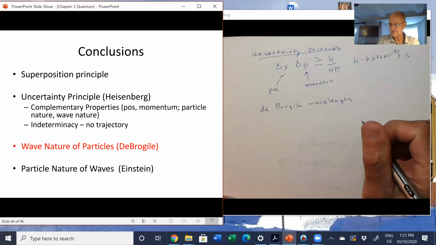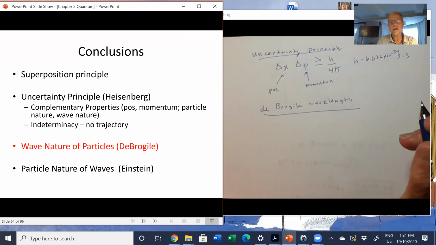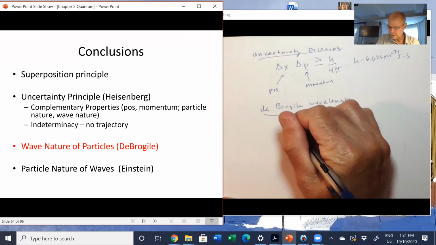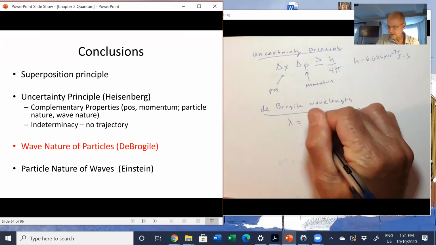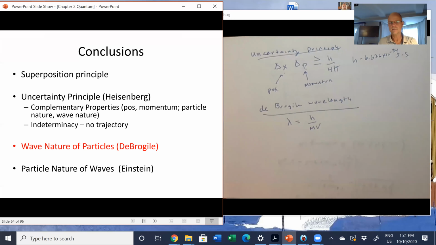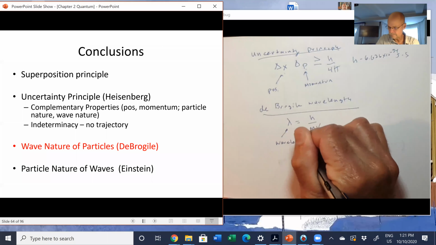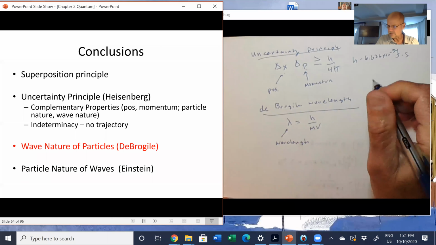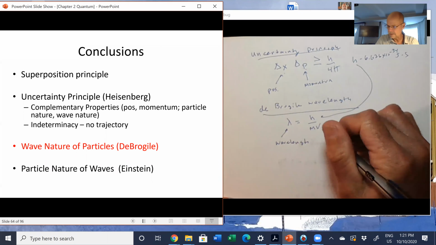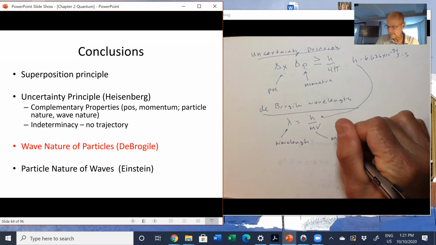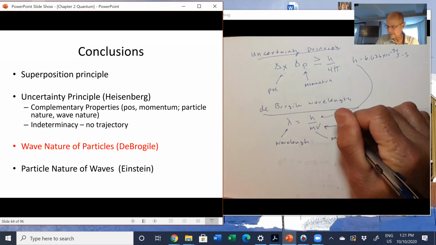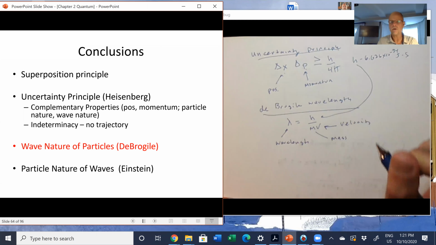It's called the de Broglie wavelength. And the equation is this: lambda is equal to h over mv, where lambda is the wavelength of the particle, h is Planck's constant, m is the mass of the particle, and v is the velocity of the particle.